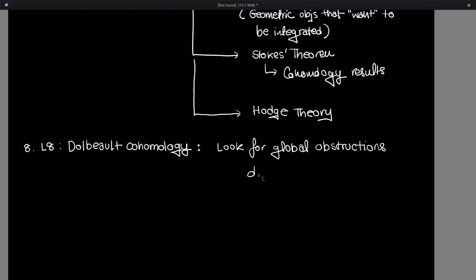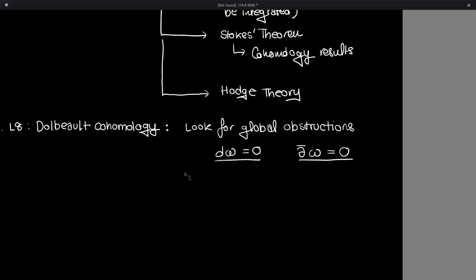That was d omega equals 0 in the real case, and partial bar omega equals 0 in the complex case, where you assume that there exists alpha such that d alpha equals omega, where omega is the exterior derivative of some higher form, right?